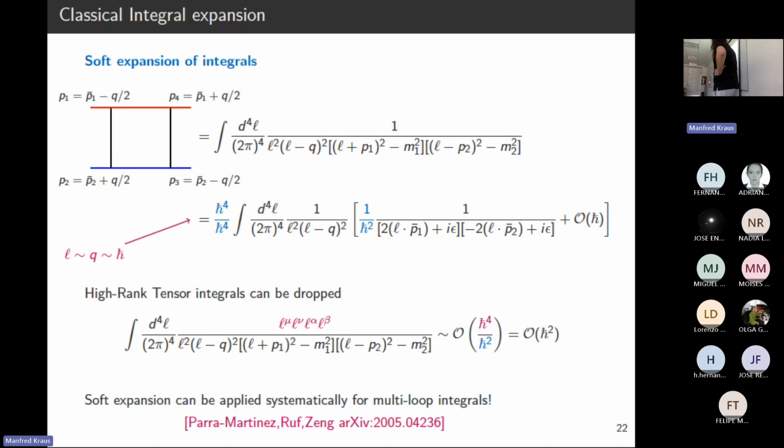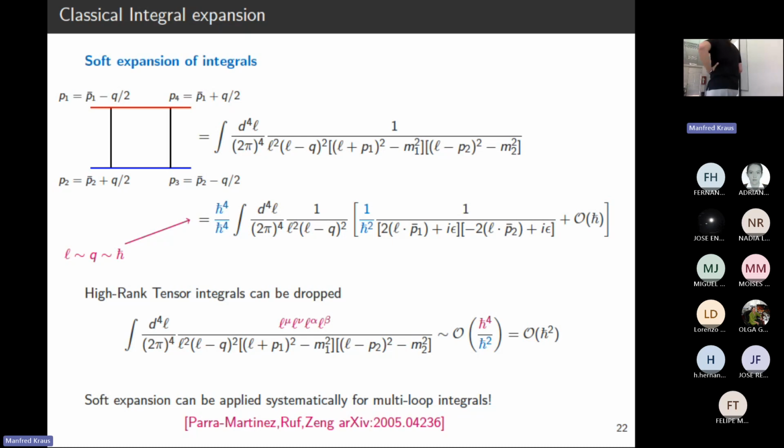We have an h bar to the 4 from the measure, we have 1 over h bar to the 4 from the massless graviton propagators. But then the massive propagators will turn into linear propagators, which make the thing simpler. But overall, the whole integral starts with 1 over h bar cubed. So you want to go up to the classical piece that is h bar to the 0. This is what you have to keep track of.